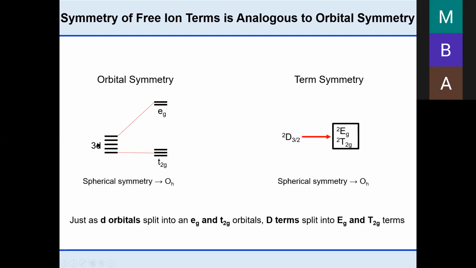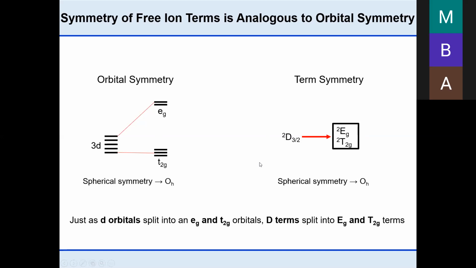So for d orbitals, we get a small eg set of orbitals and a small t2g set of orbitals. Whereas for a D term, we get a big Eg term and a big T2g term when we descend to octahedral symmetry from spherical.